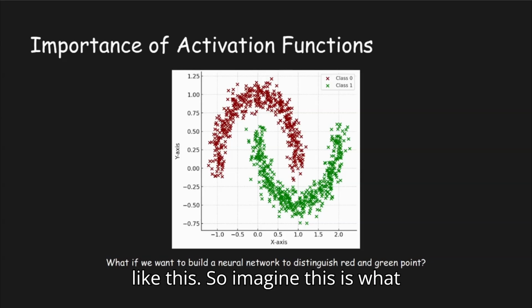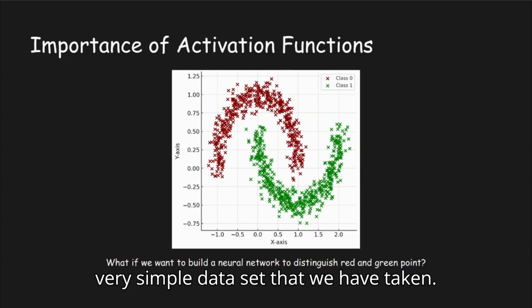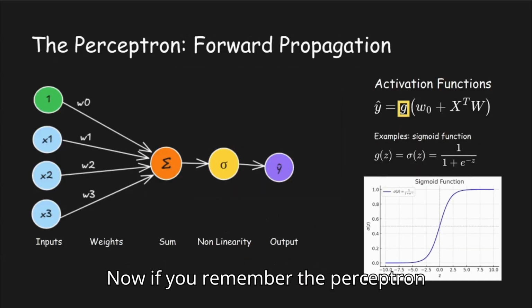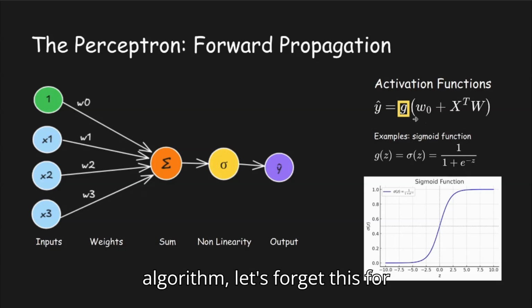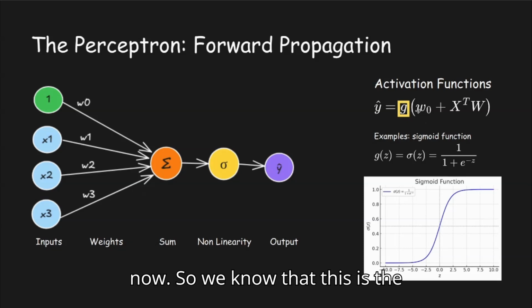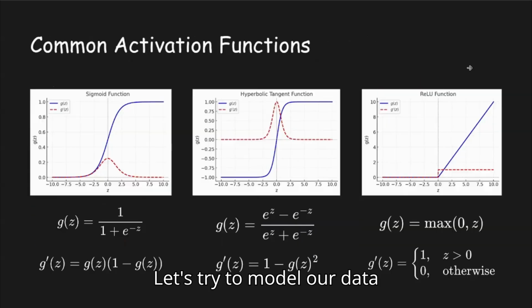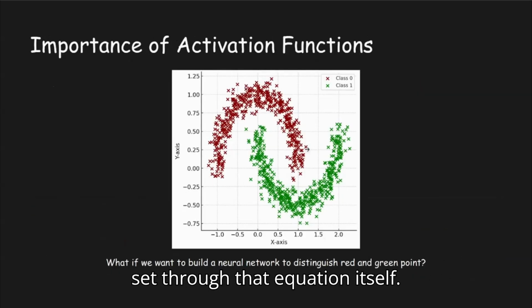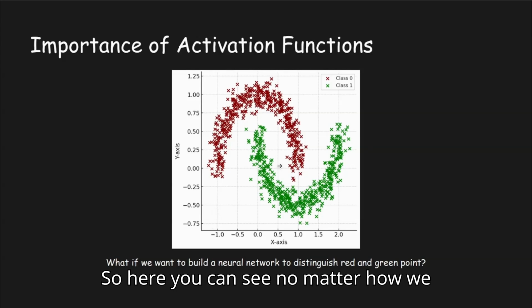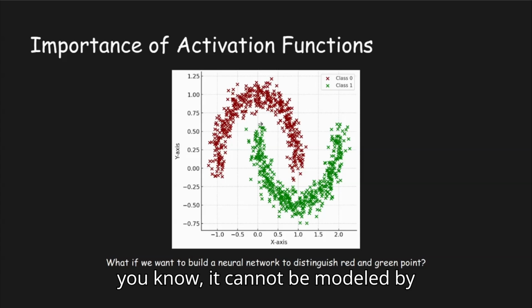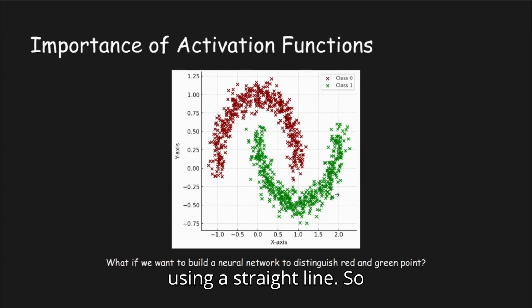Imagine this is what your data set looks like. This is a very simple data set that we have taken. Real life data sets can get a lot more complicated than this. Now if you remember the perceptron algorithm, let's forget this for now. We know that this is the equation of a straight line. Let's try to model our data set through that equation itself. Here you can see, no matter how we draw a straight line, this data set cannot be modeled by using a straight line.